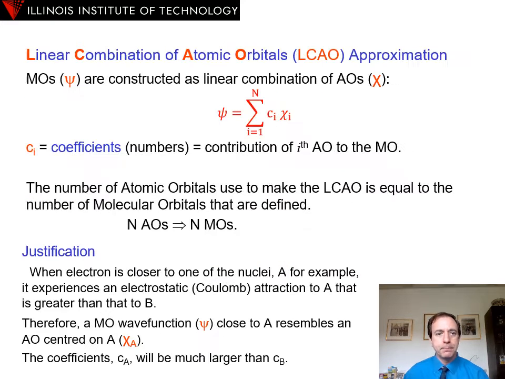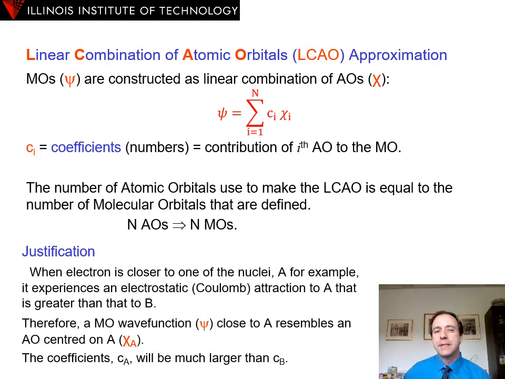Okay, moving on. We're going to talk about linear combinations of atomic orbitals, that's LCAOs. It's an approximation that we'll use to build up our molecular orbitals, just in the same way that we built up our atomic orbitals. The way we're going to do that is we're going to define the psi for a specific molecular orbital as the sum of some combination of atomic orbitals, that is, the chi sub i.